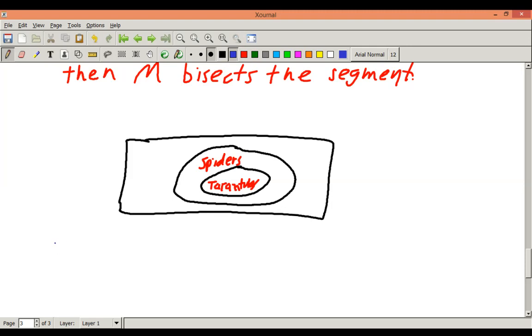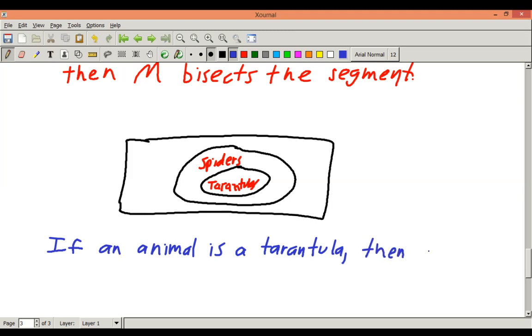So if we see this little diagram here, we can write that as a conditional. That is, if an animal is a tarantula, then it is a spider. So whatever is in the inside circle is automatically in the outside circle because the entire smaller circle is inside the larger circle.